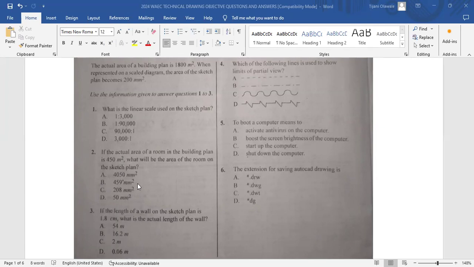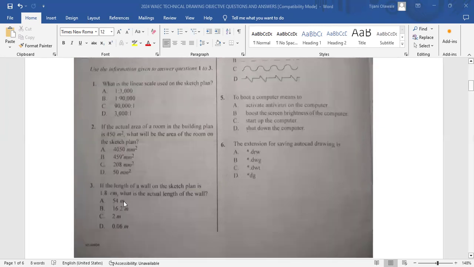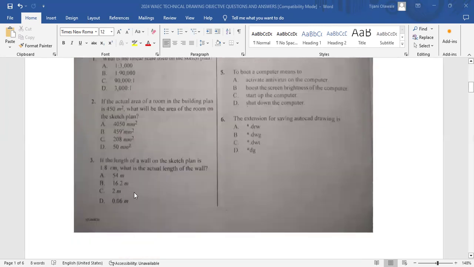The answer is option D, 50 millimeters squared. Then question 3, if the length of a wall on the sketch plan is 1.8 centimeters, what is the actual length of the wall? The answer is 16.2 meters.